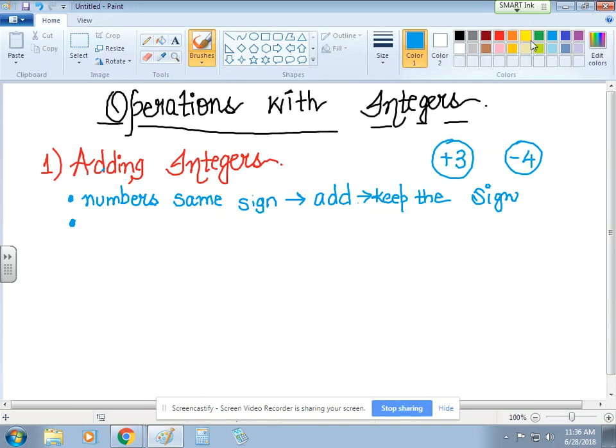Now, the other rule that you need to remember is when numbers are different, that means when the numbers are different signs, then you always subtract.